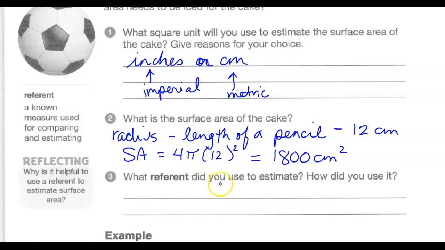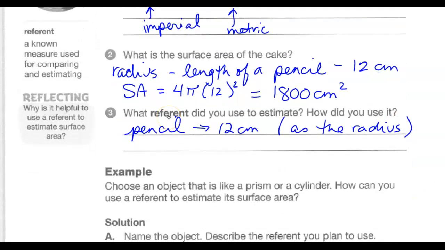What referent did you use to estimate? I used a pencil, about 12 centimeters, as the radius. And that's what a referent is. A referent is an everyday object that you know what it looks like, that you can use to measure. And you know that it's about 12 centimeters, 10 centimeters, that kind of thing.